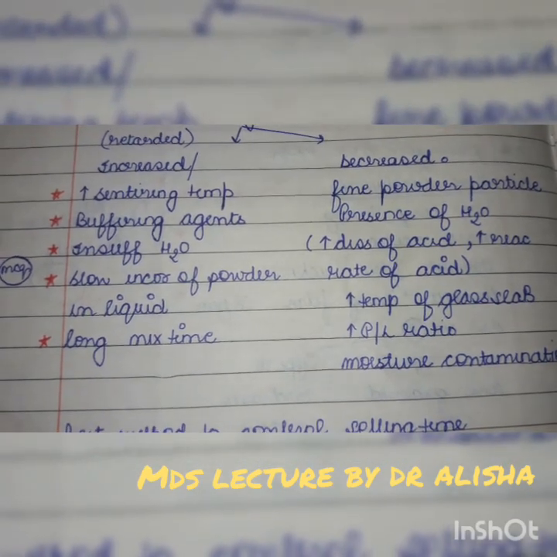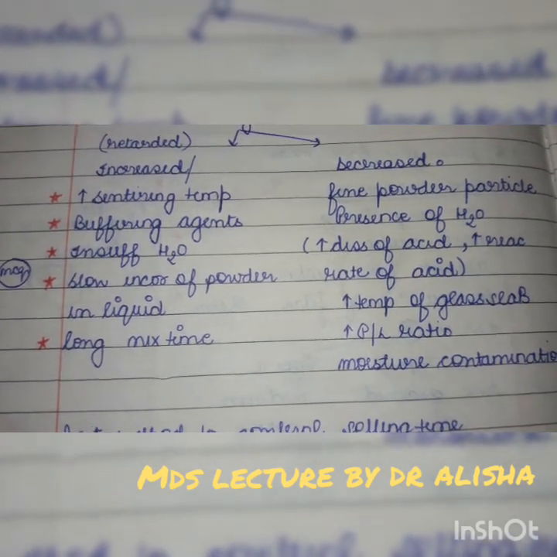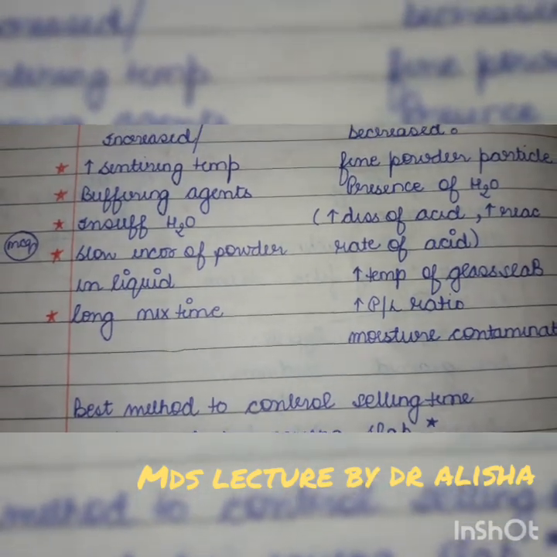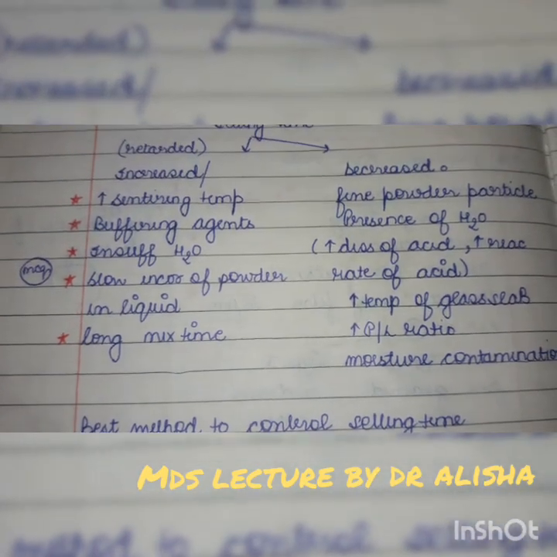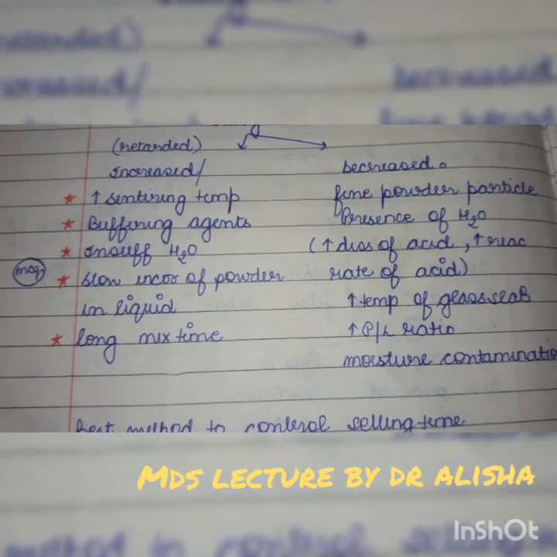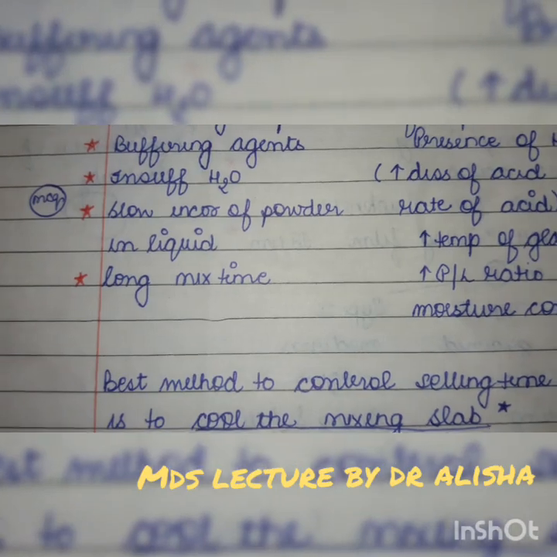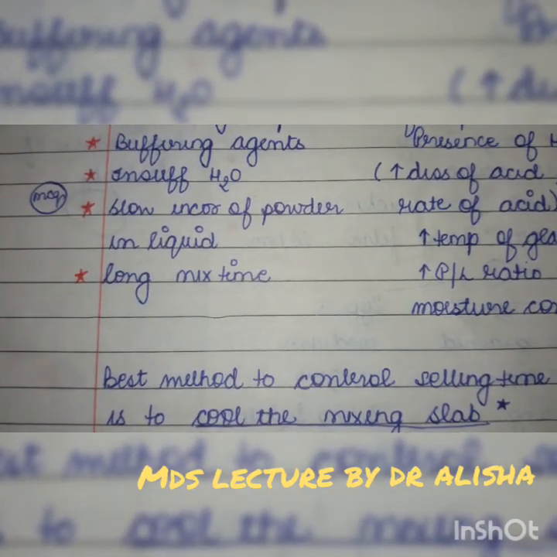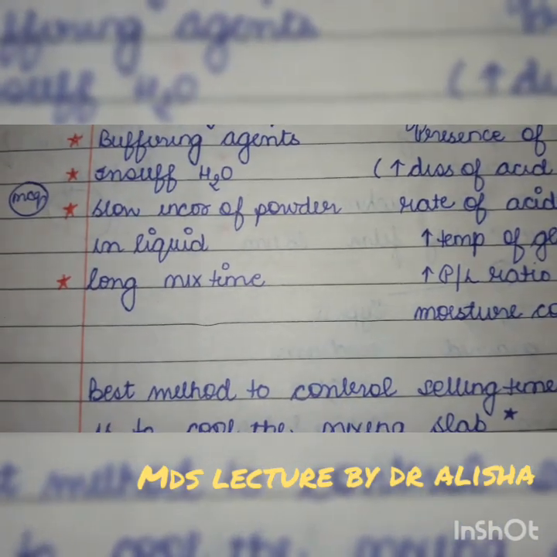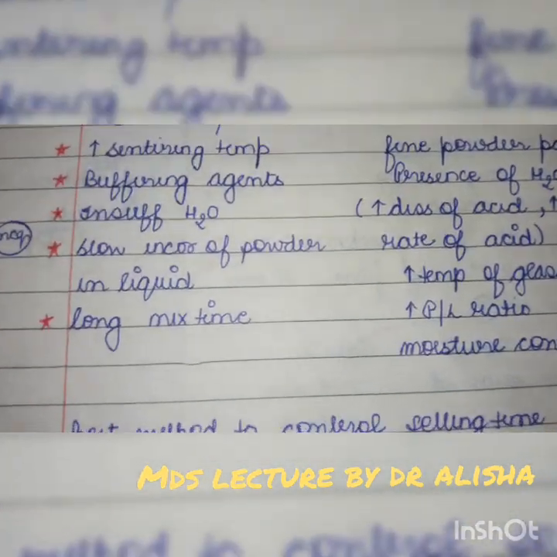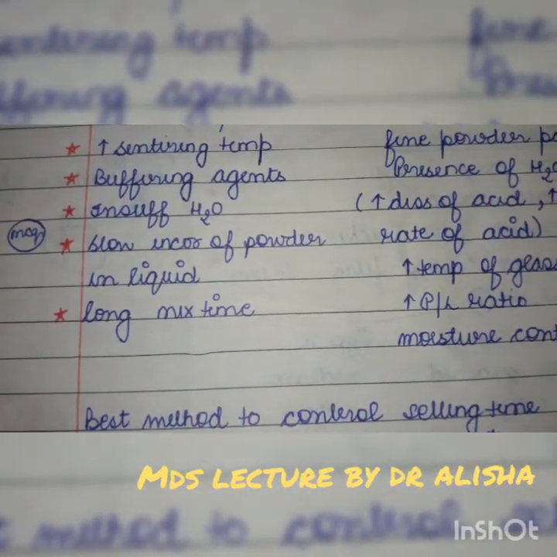If there is an insufficient amount of water, as well as if we slowly incorporate the powder into the liquid, the setting time can be increased. Okay, so this is an important point to be noted down, that slow incorporation of powder into the liquid increases the setting time of zinc phosphate.